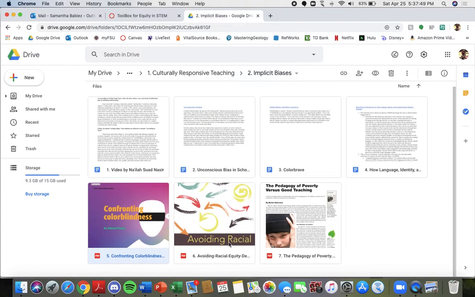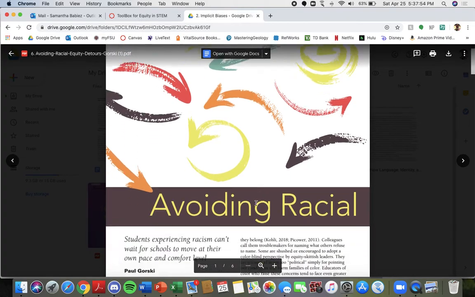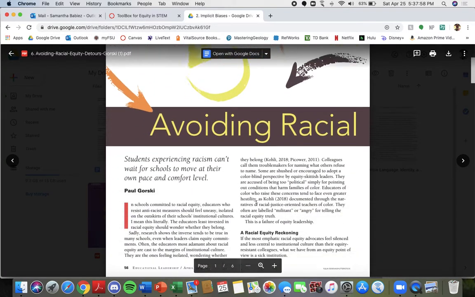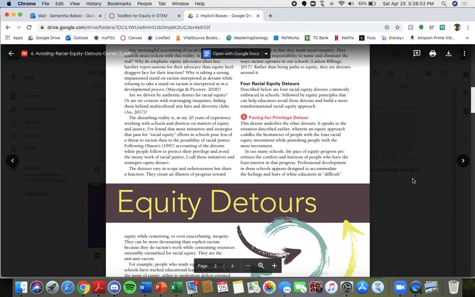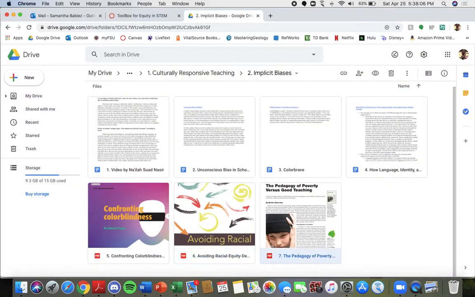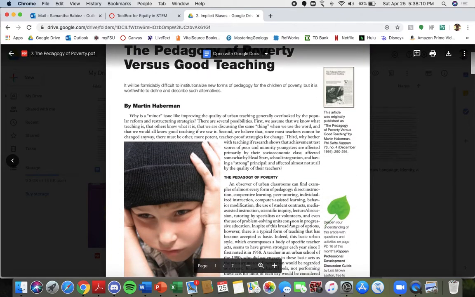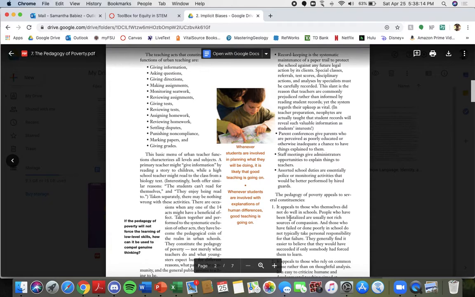Same with these, the Avoiding Racial Equity article by Gorski, and the Pedagogy of Poverty article. So those are good ones to just have here to be able to look at and refresh yourself on.